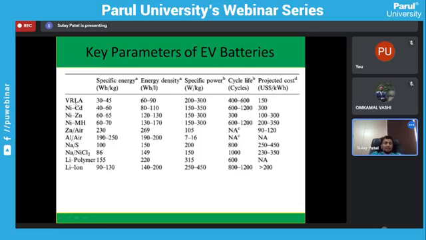But if we consider cost with performance, then lithium ion batteries are best suited for electric vehicles. Basically, in almost all mid-range to high performance cars you will find lithium ion batteries. In only some cars you will find the VRLA or lead acid batteries.